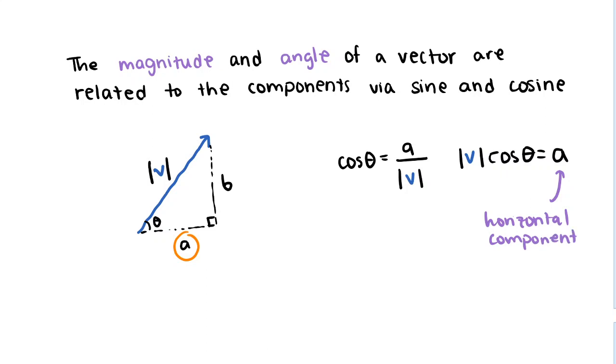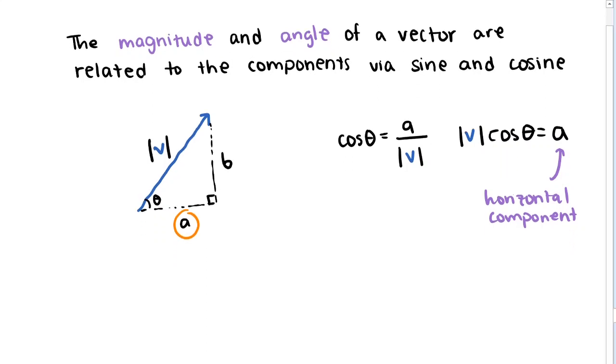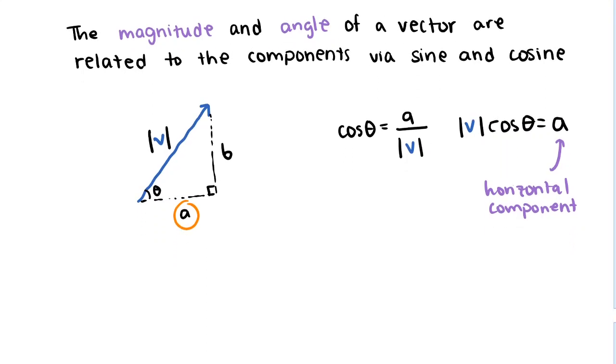We can do the exact same thing to relate the vertical component to our angle and the length of the vector. If we instead take sine of theta, then we take the opposite side length and divide it by the hypotenuse.